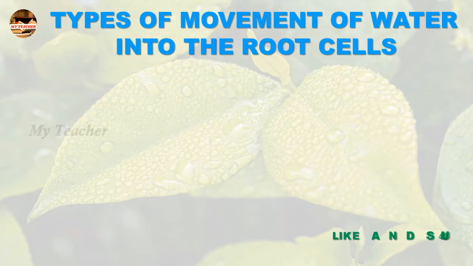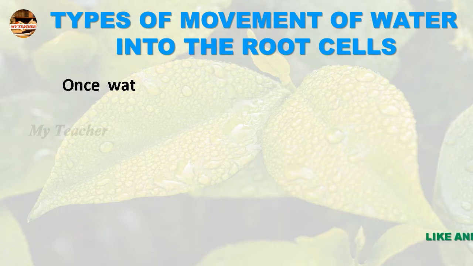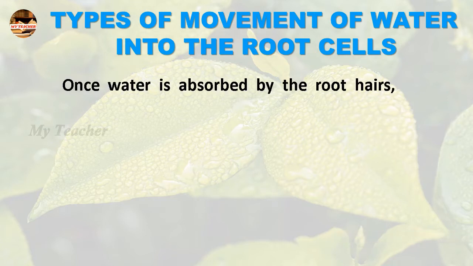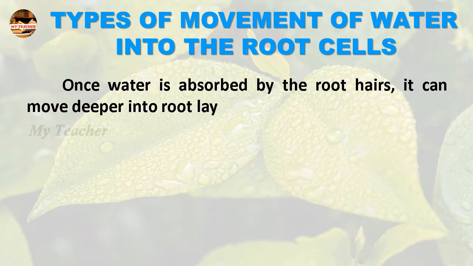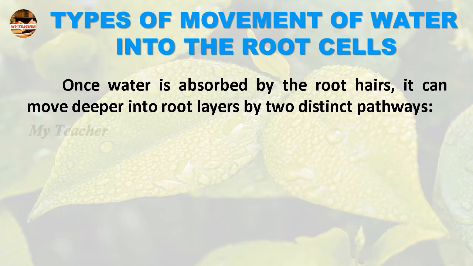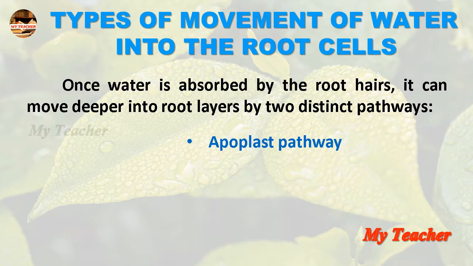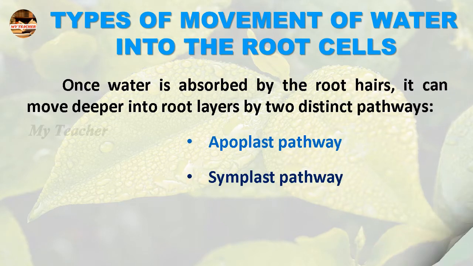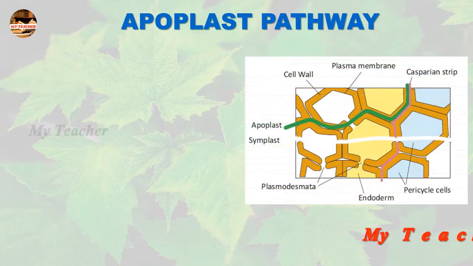Types of movement of water into the root cells. Once water is absorbed by the root hairs, it can move deeper into the root layers by two distinct pathways. One is the Apoplast Pathway, the second one is the Symplast Pathway. Apoplast Pathway.